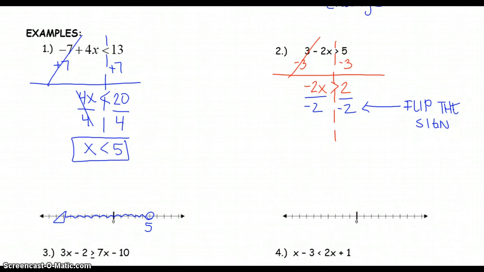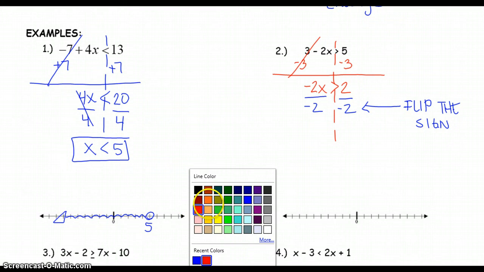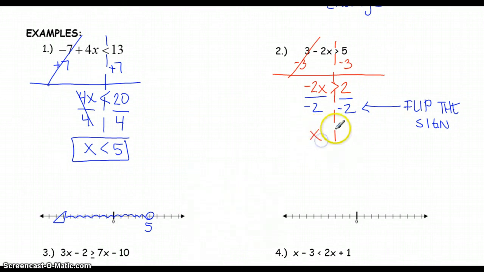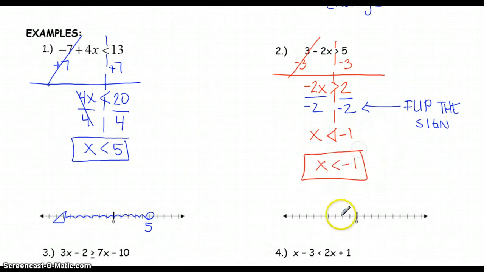So in my next step, I can write that. Red. All right, so x is now less than negative 1. And then that is your solution. And if we go ahead and graph that, we have an open dot at negative 1, and we want to represent all values less than negative 1.